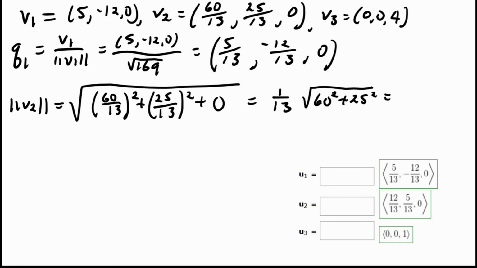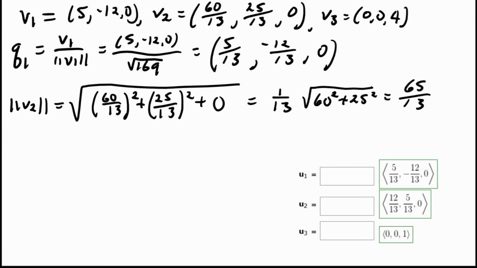That inside there is 4,225, and you take the square root of that, you get 65. So this is just 65 over 13. And if you don't like my simplification, you just do it the way you want to do it, and I'm cool with that.